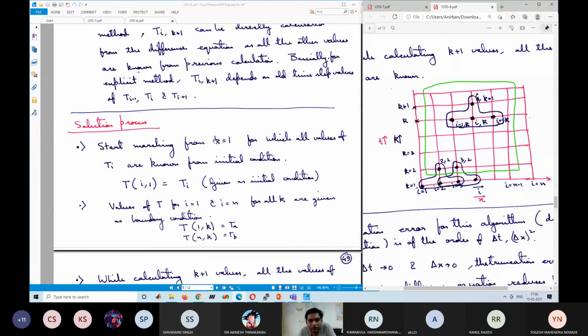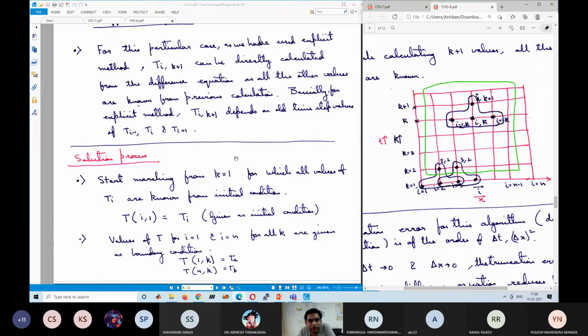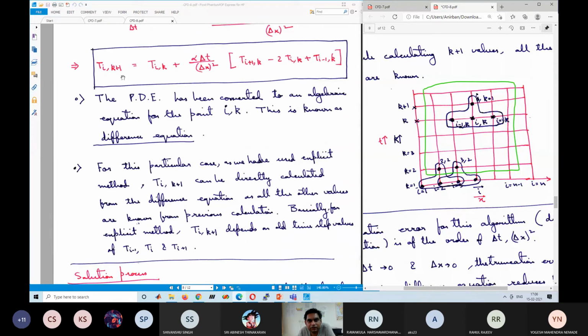So we will start from the bottom, and we will first try to find the value of 2, 2. How will we find the 2, 2 value? For the 2, 2 value, the equation will have these three values: k equal to 1, i equal to 1; k equal to 1, i equal to 2; and k equal to 1, i equal to 3. All these three are known, these internal points from the initial condition, and these two from the boundary condition.